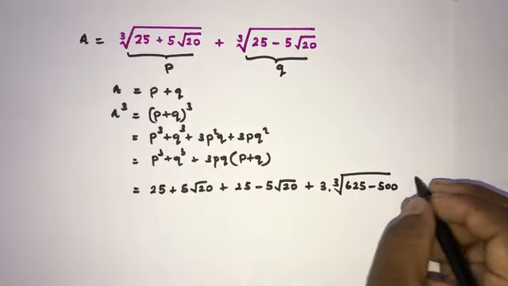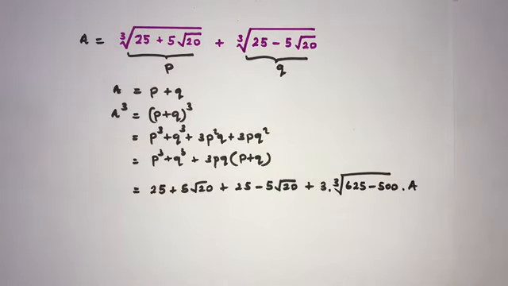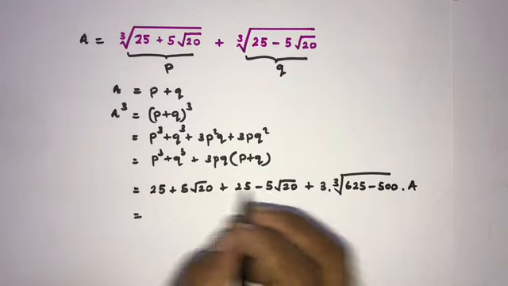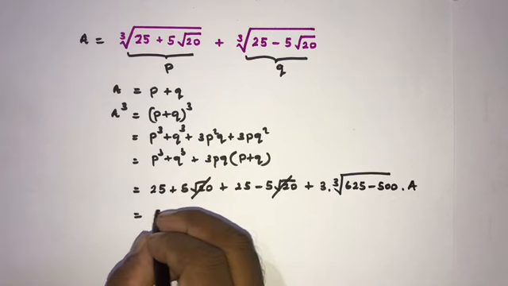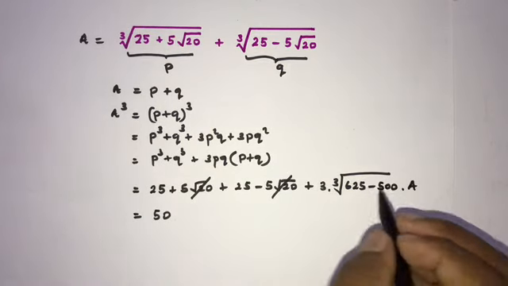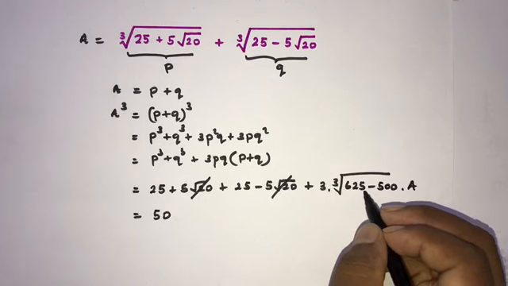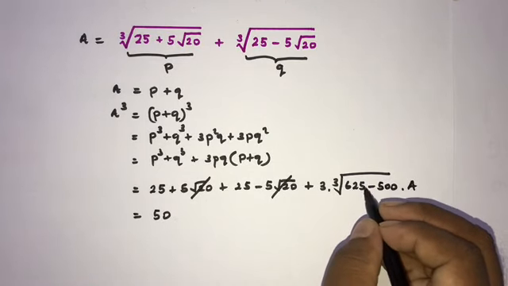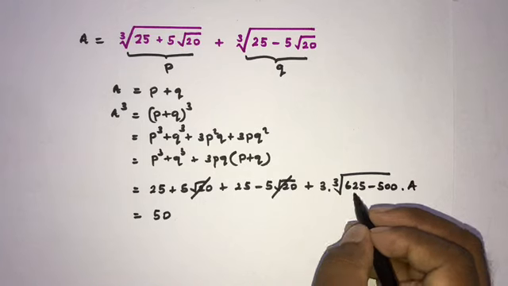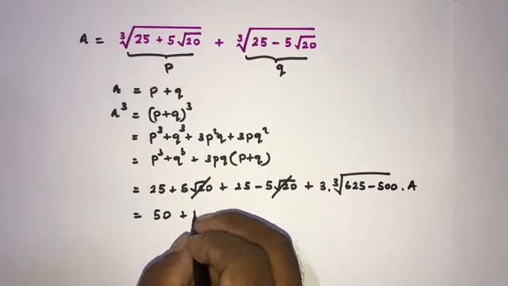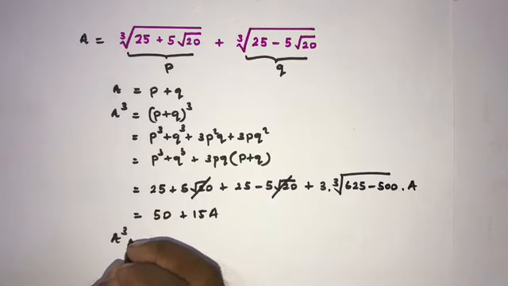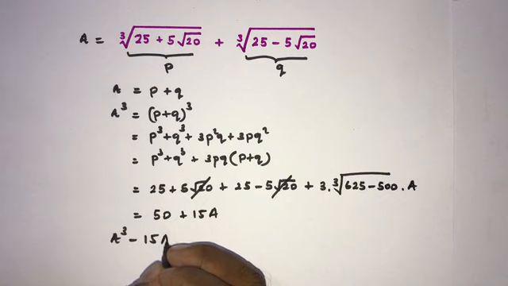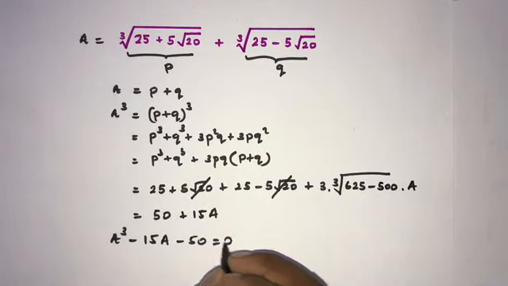P plus q we know is A. Then the 5 times the square root of 20 gets cancelled, 25 plus 25 is 50, and 625 minus 500 is 125. The cube root of 125 is 5, so 3 times 5 is 15, so here 15 times a. Then a cubed minus 15 times a minus 50 is equal to 0.